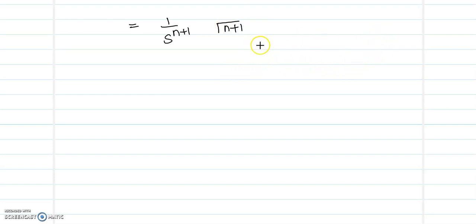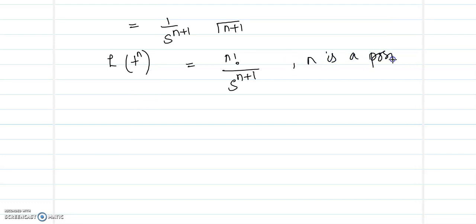Now since n is a positive integer, gamma n plus 1 will be n factorial, so n factorial by s raised to n plus 1. So that will be the value of the Laplace transform of t raised to n. n is a positive integer.